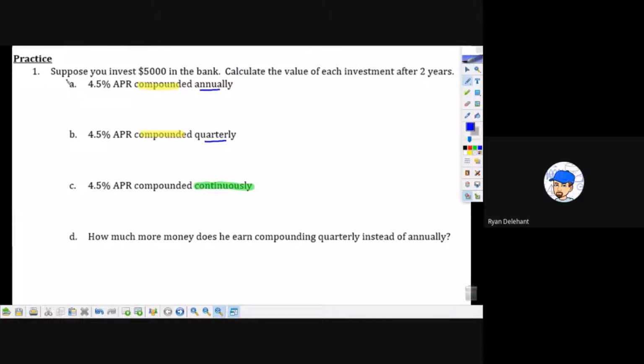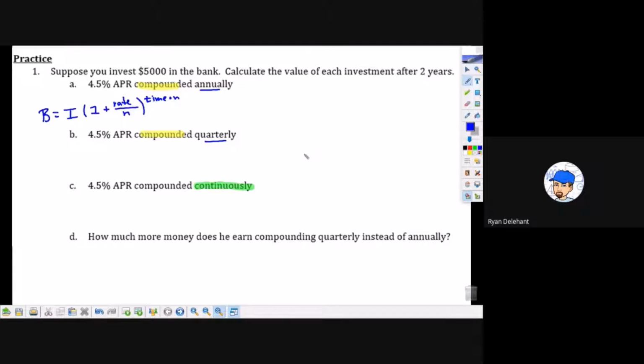So for these first two, we're going to be using our balance is equal to our initial, which is whatever we start with, times 1 plus the rate in decimal form over this n value, all raised to this n value times the time.